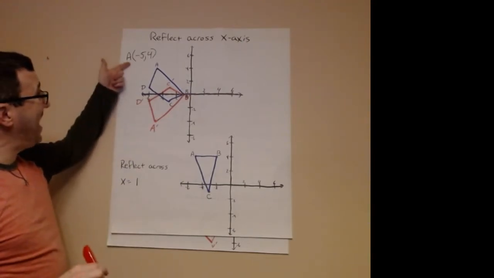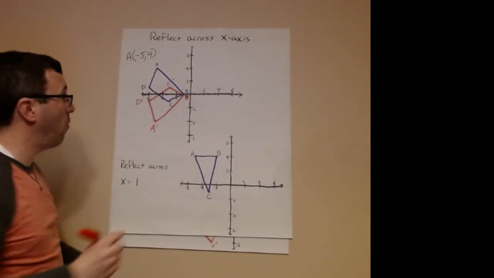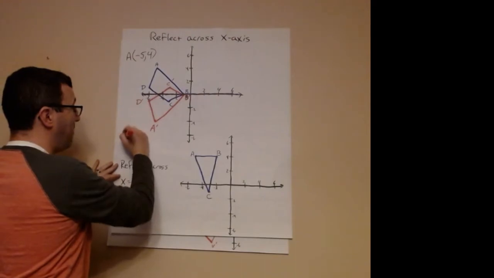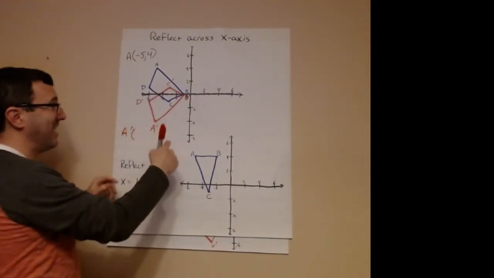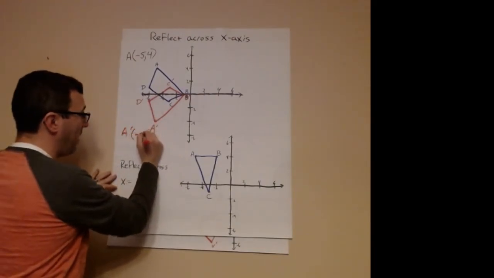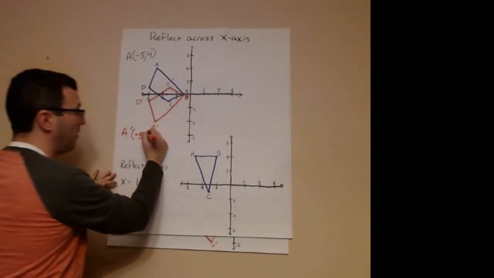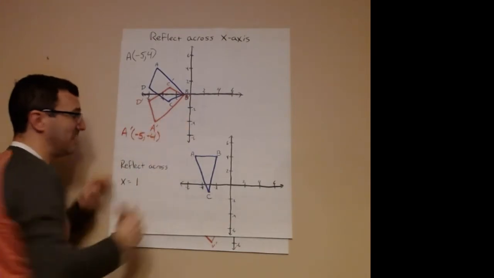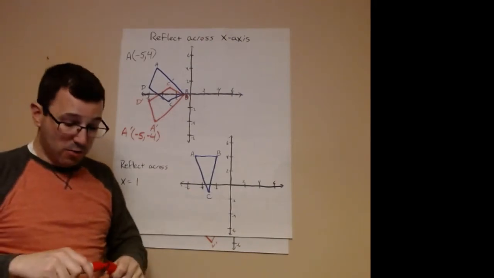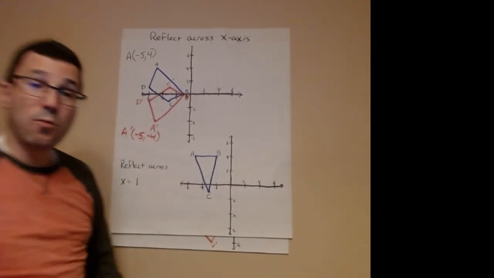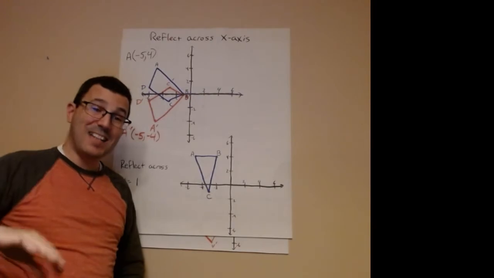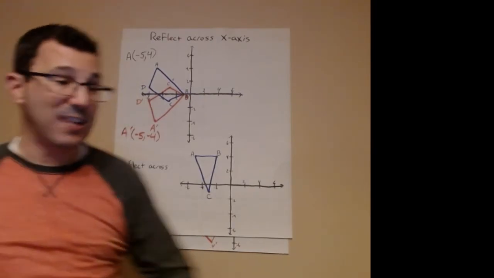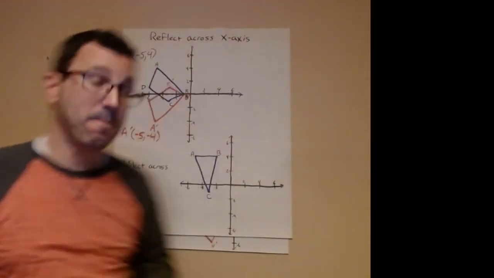Now we had A was negative 5, 4. A prime is still a negative 5, but now its y value is negative 4. So in this case, even though we were going over the x-axis, it's the y that changes its sign.